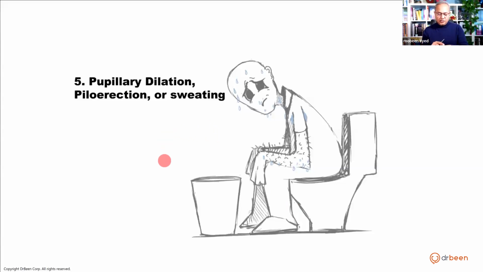Piloerection is when the hairs stand and goosebumps develop. So piloerection or sweating. Any one of them, pupillary dilatation or piloerection or sweating, would be one criterion as well. Here, this is the sweating, and these are the goosebumps or the piloerection. And this is my depiction of pupillary dilatation.